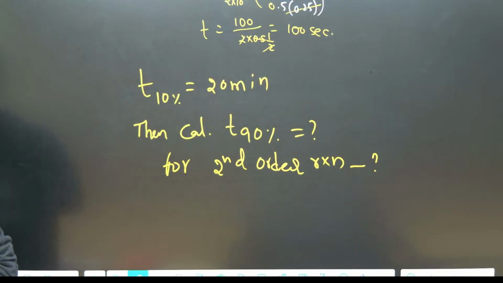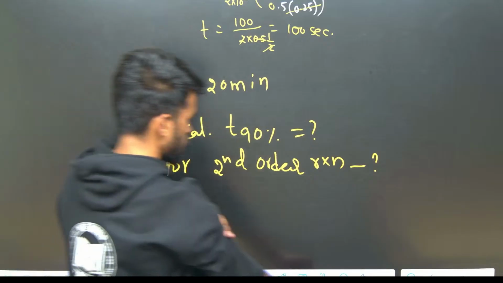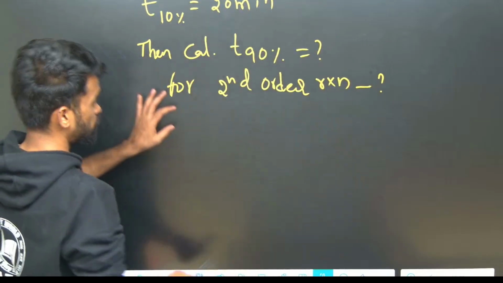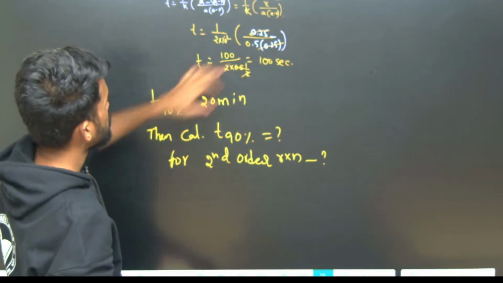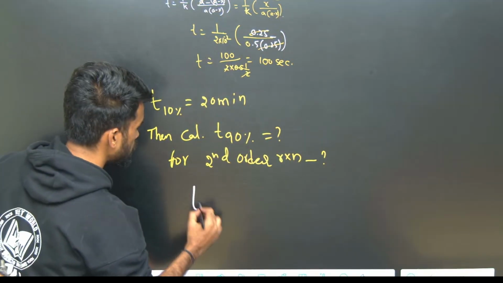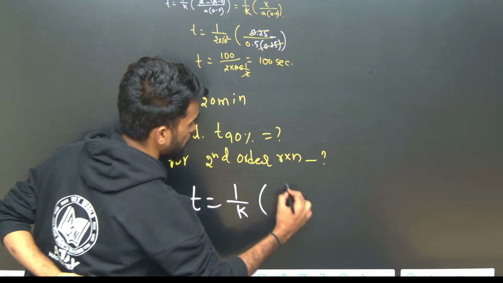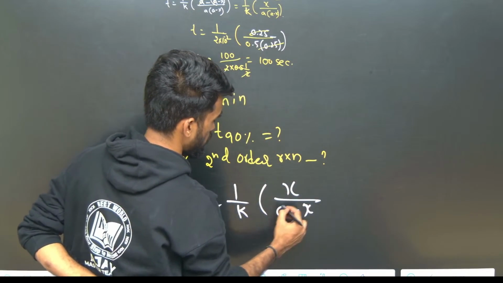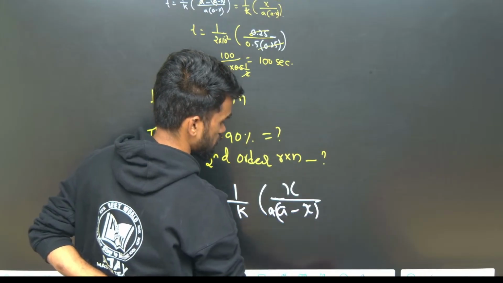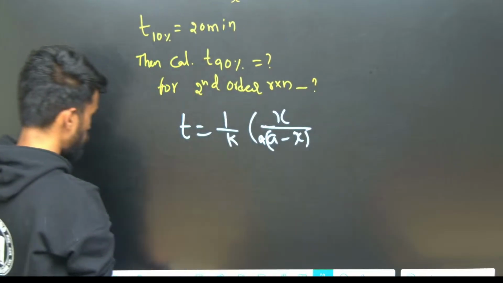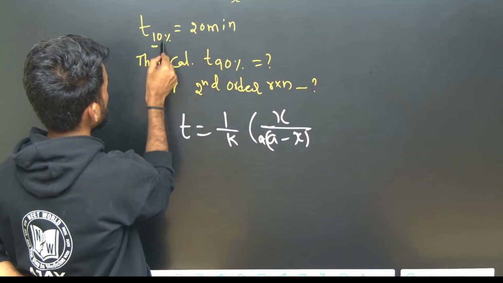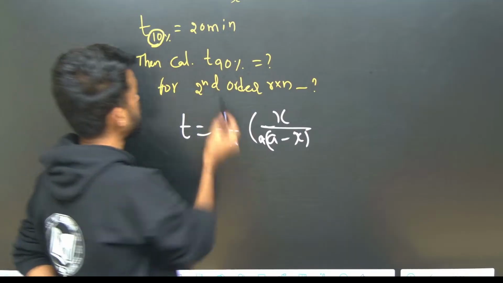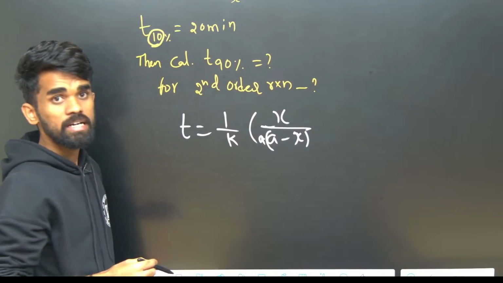So how can you do this? Look here. What is the final derivation we got? For second order, t equals 1 by k into x by a into (a minus x). Now, they are saying T 10%, which means the time required for completion of 10%.